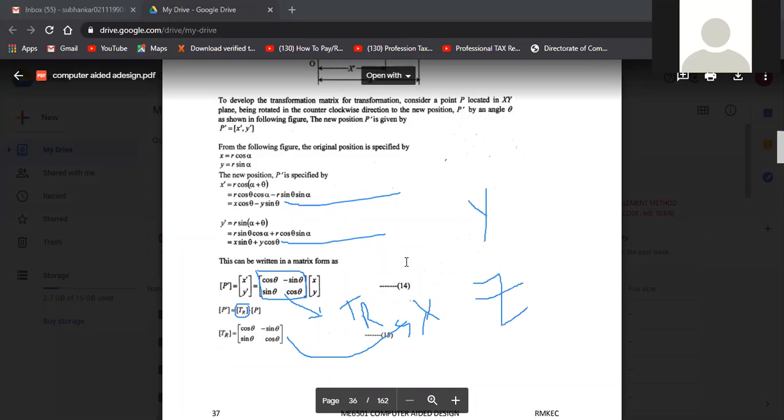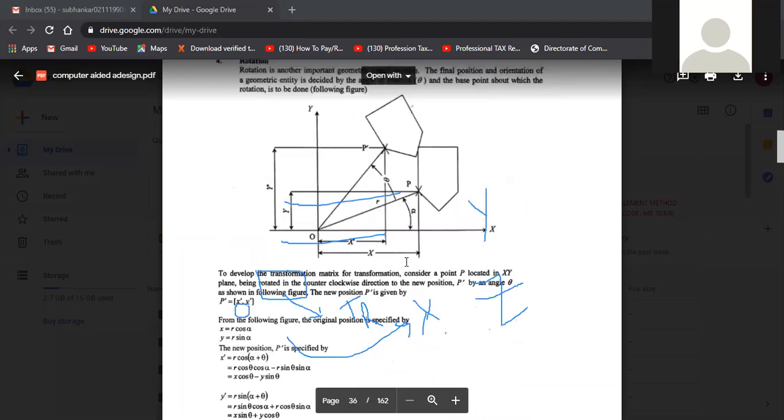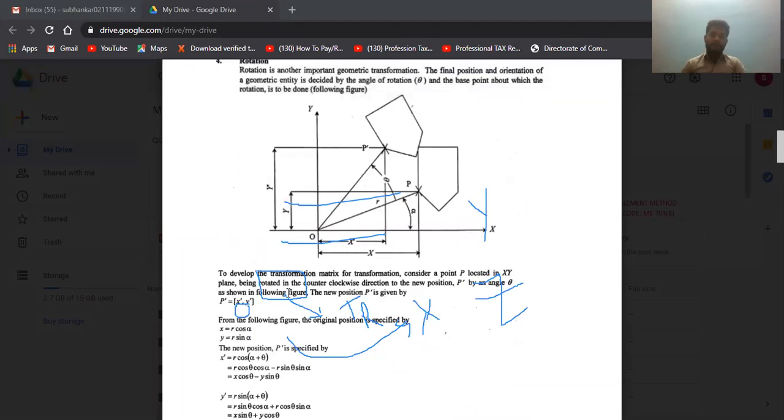Fine. So these derivations can come in exam: derive the two-dimensional or three-dimensional rotation matrix for an object which is rotated about x-axis counterclockwise or y-axis clockwise or z-axis counterclockwise, likewise.